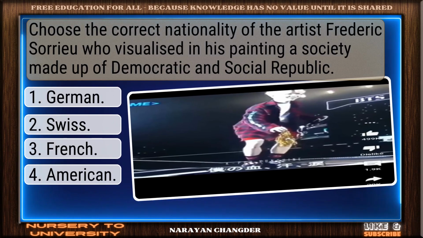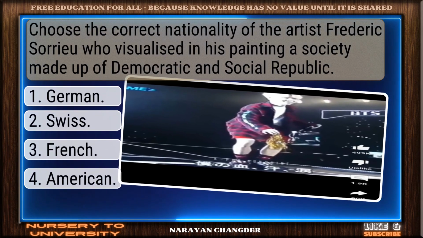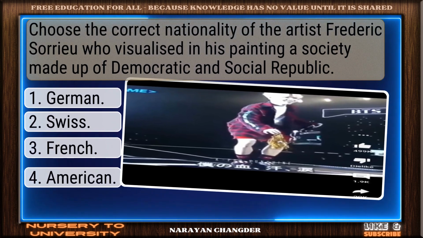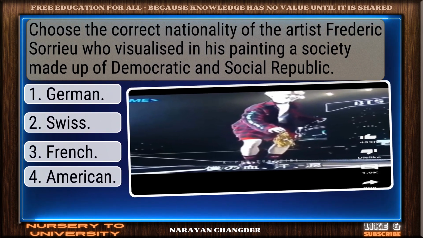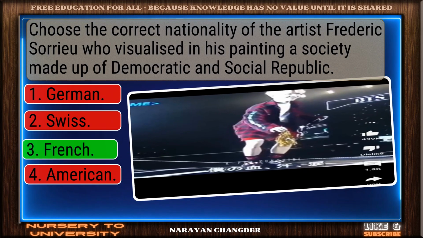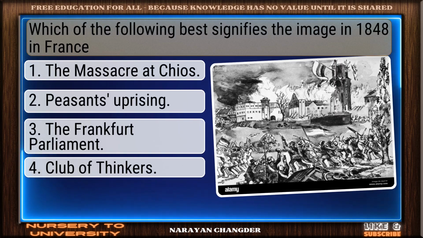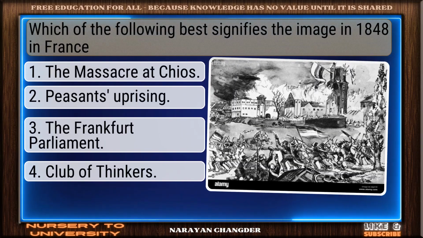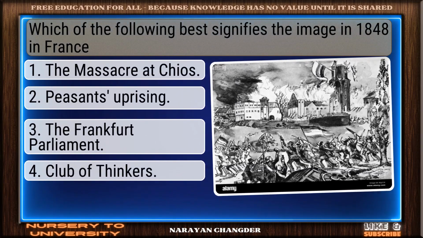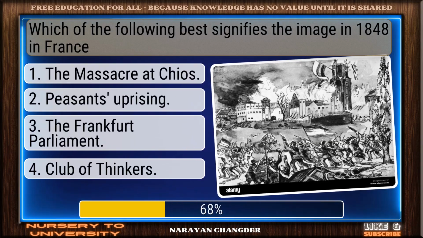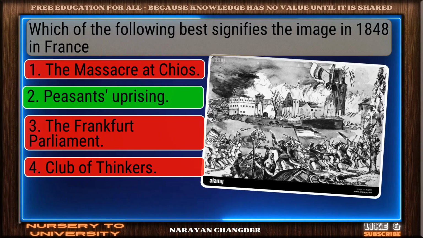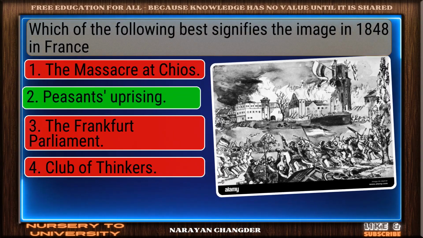Choose the correct nationality of the artist Frederic Sorrieu, who visualized in his painting a society made up of democratic and social republics. Right choice. French is best. Which of the following best signifies the image in 1848 in France? You're right. Peasants' uprising is correct.